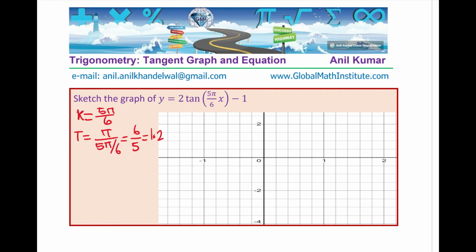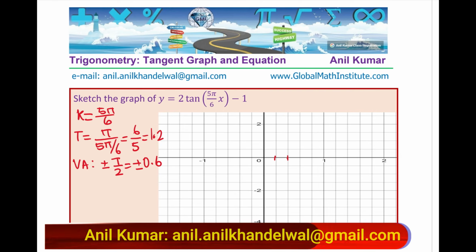So that means, where are the vertical asymptotes? Well, vertical asymptotes are at plus and minus half of this value, which is plus and minus 0.6, half of 1.2. So on the given scale, we can mark the vertical asymptotes first. So this is 0.2, 0.4, 0.6.